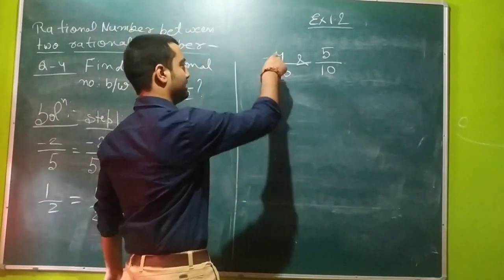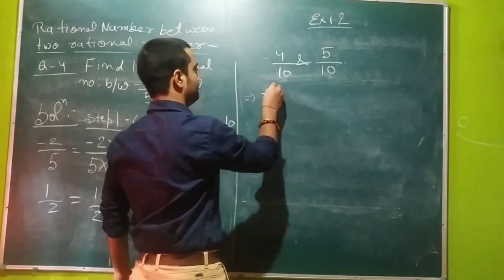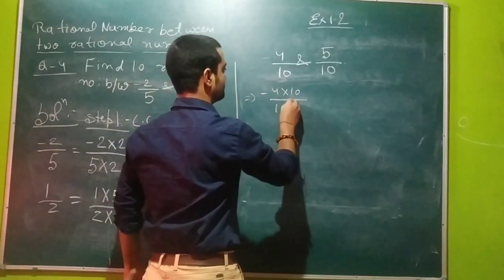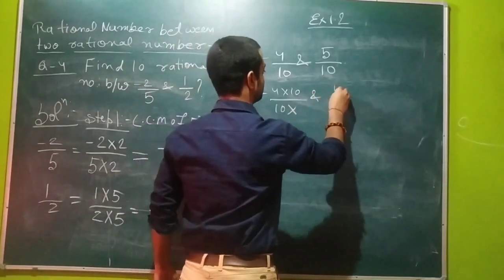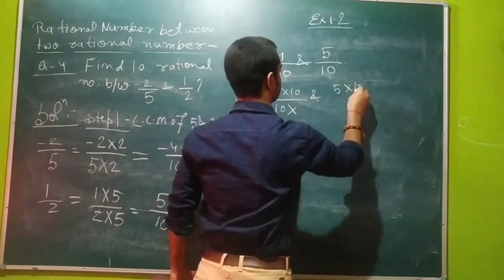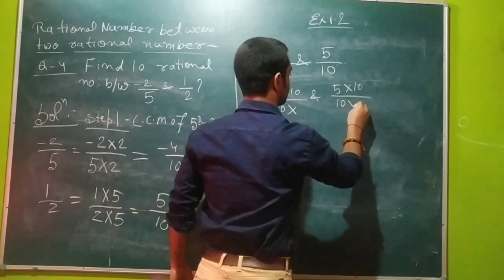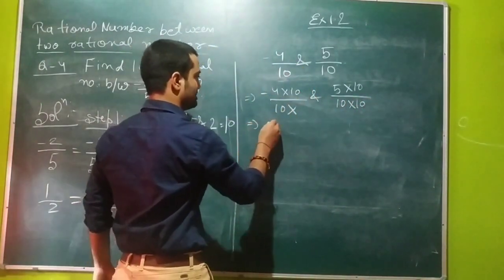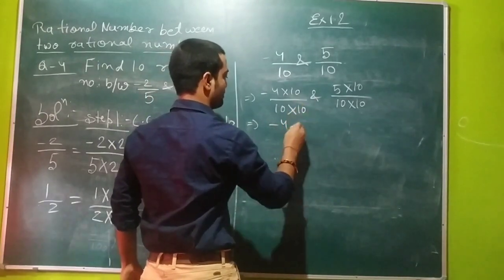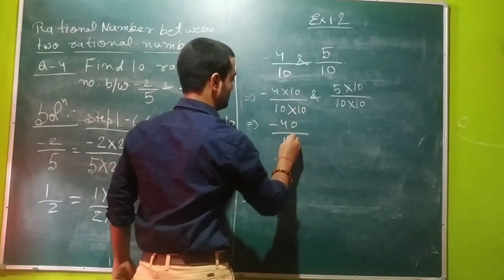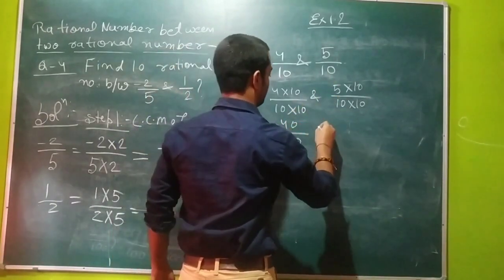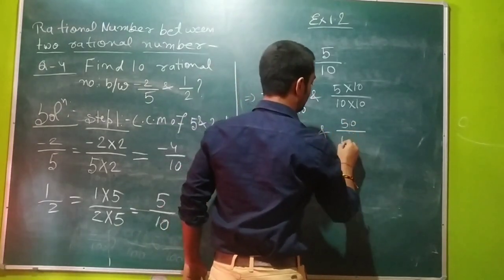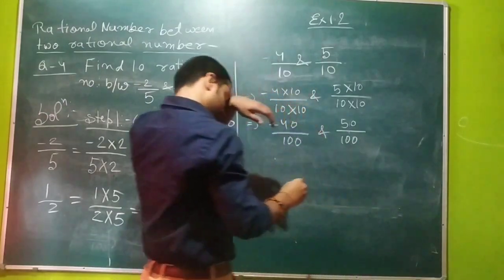Suppose I am multiplying these numbers with 10. So minus 4 by 10 can now be written as minus 40 upon 100, and 5 upon 10 can be written as 50 upon 100.